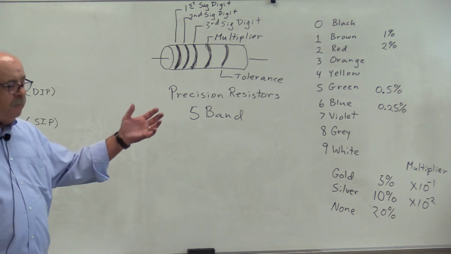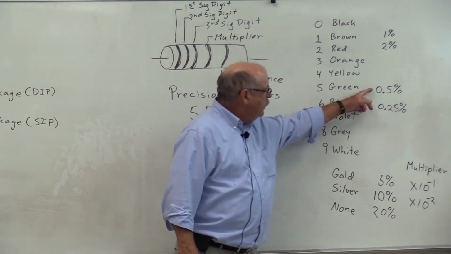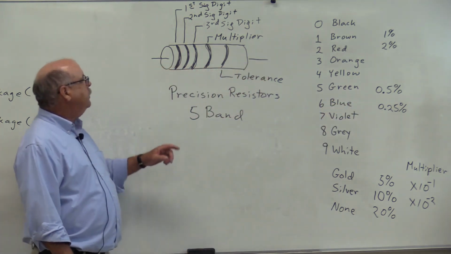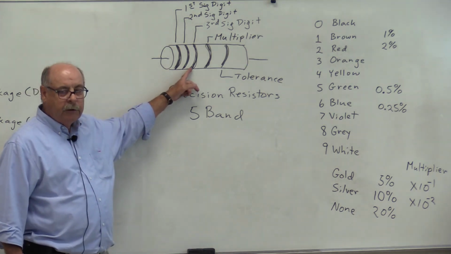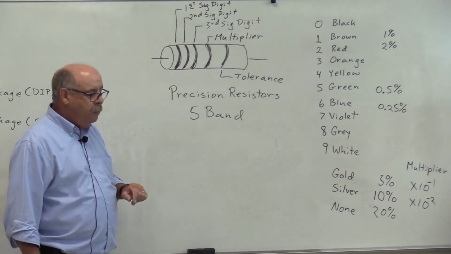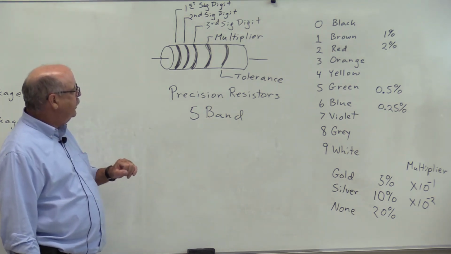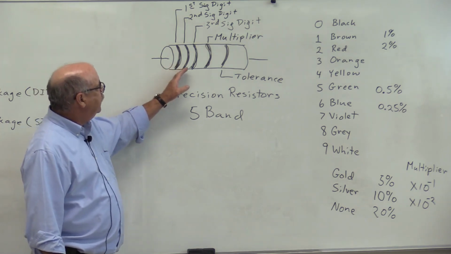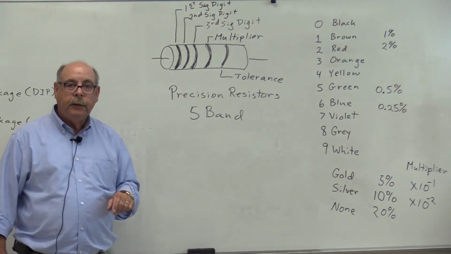But if I can build resistors with as close a tolerance as 0.5 or 0.25%, I can now justify a third significant digit. So when you find resistors that have 5 bands, understand that these are precision resistors with 3 significant digits, a multiplier, and a tolerance.